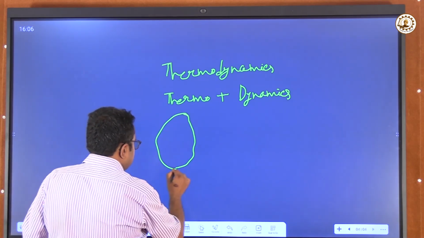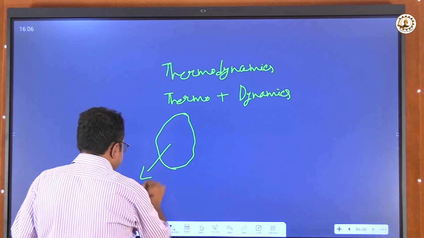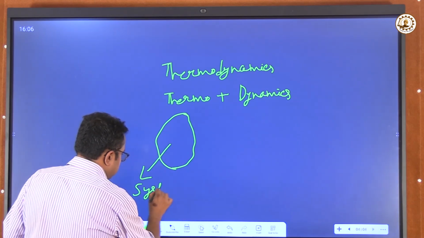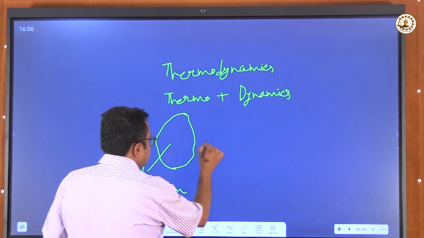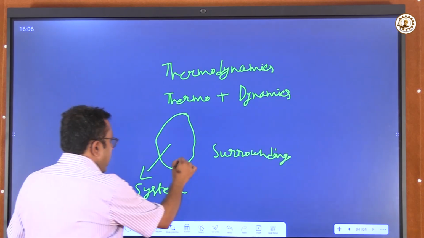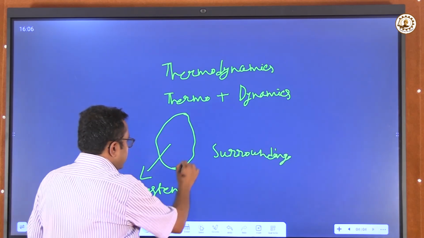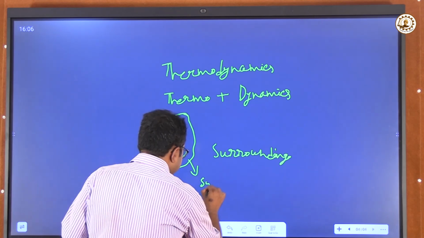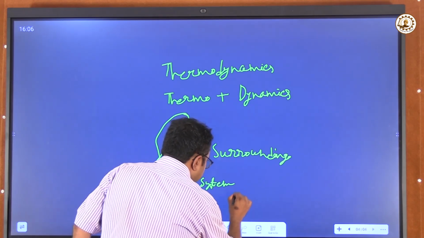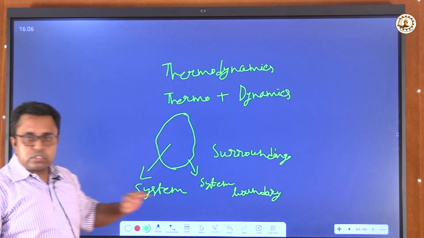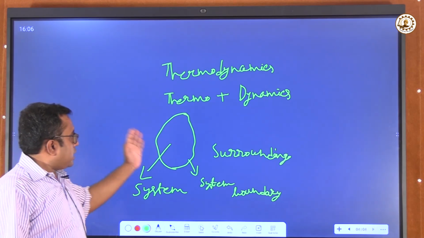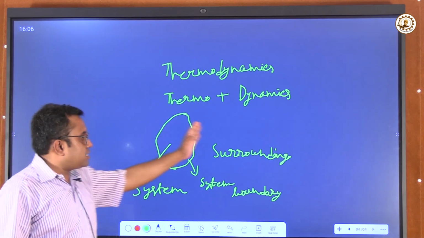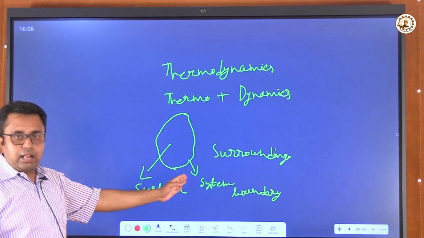Suppose this is a system, and this line is known as the system boundary. Suppose you have a house, and this is the neighbor house, and this is the wall.